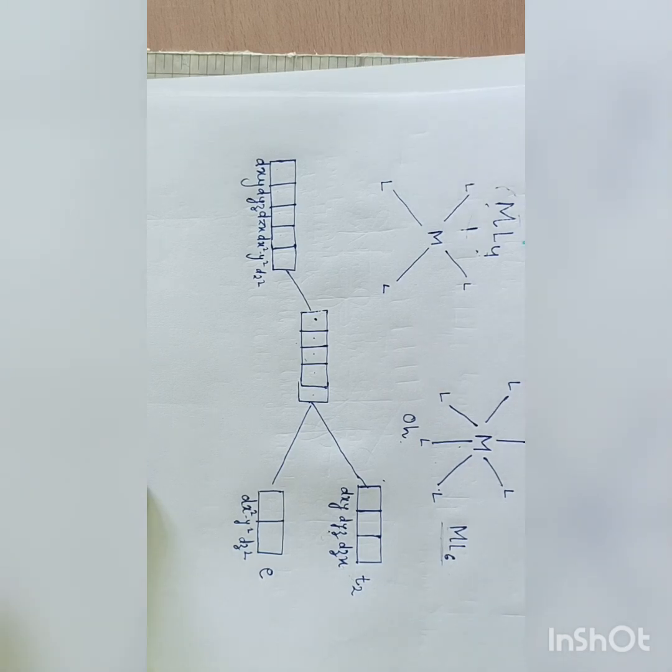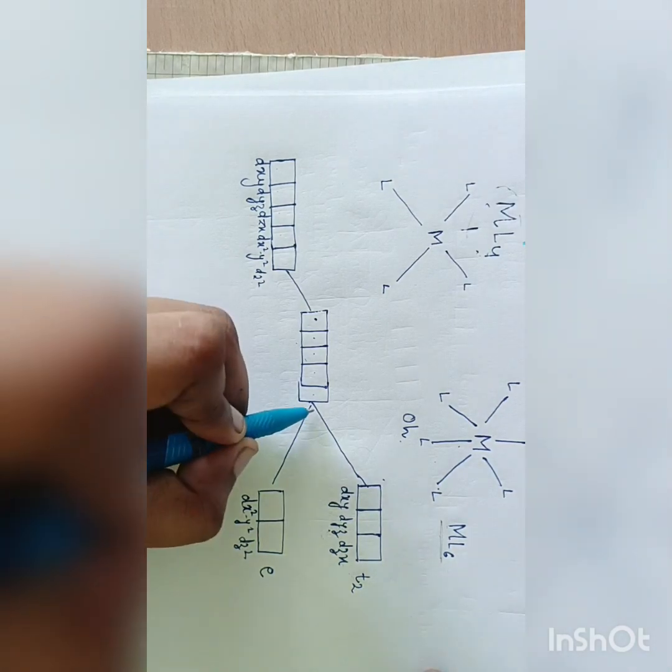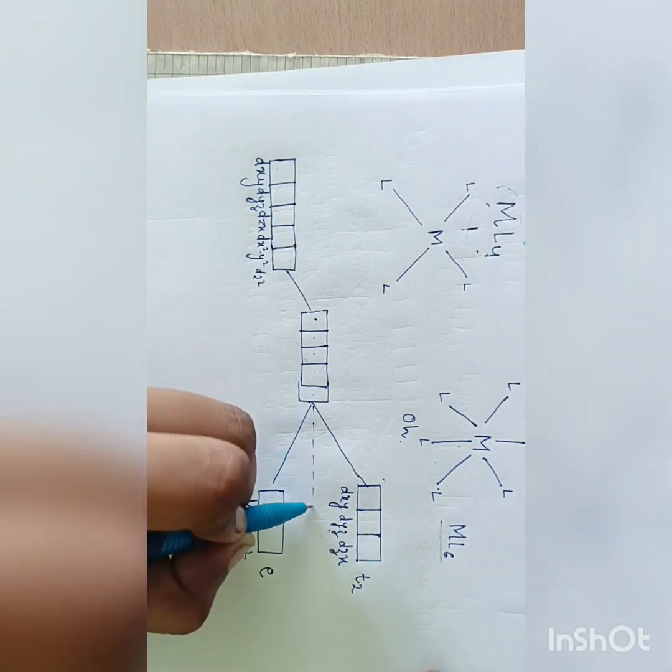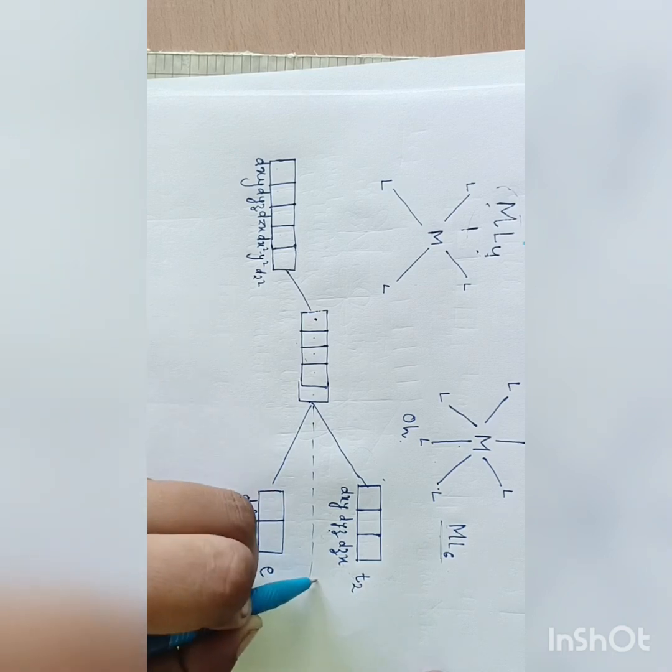Again, all the values are the same for the tetrahedral complexes. This is the barycenter.